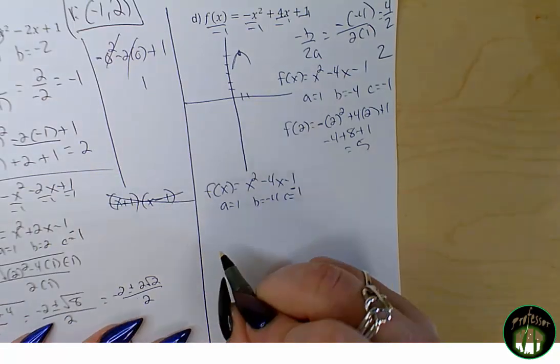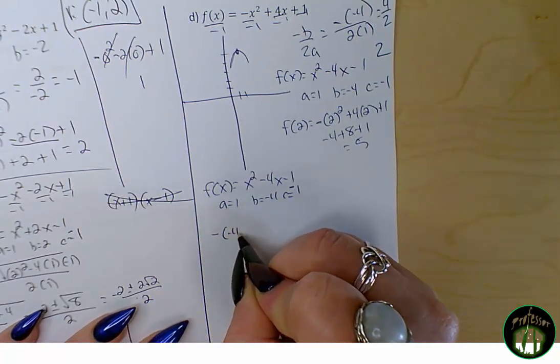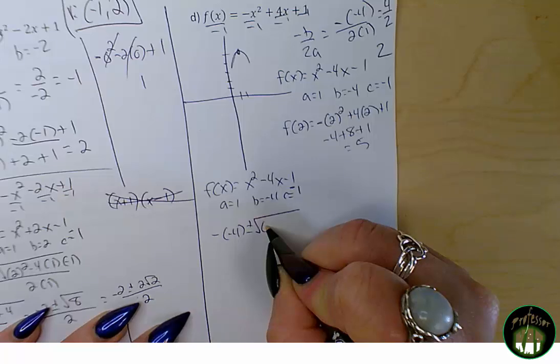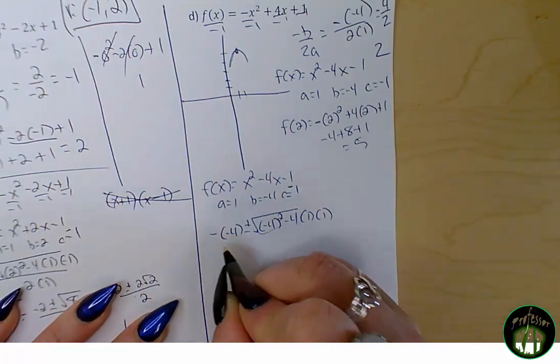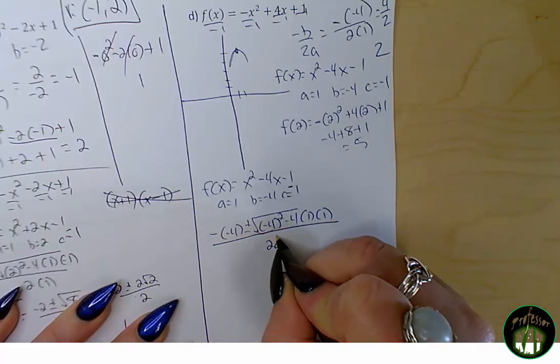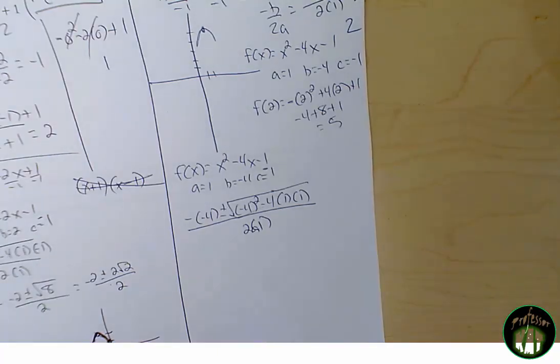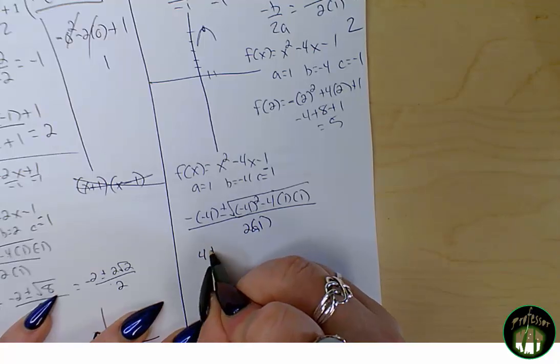So let's see. Negative b plus or minus the square root of b squared minus 4ac all over 2a there. So you can throw that in your calculator, simplify it by hand.